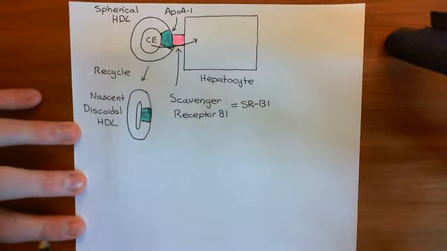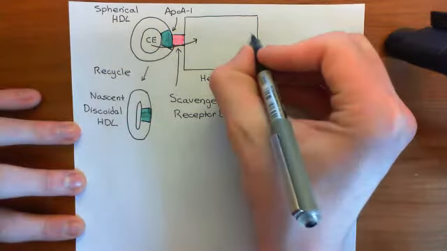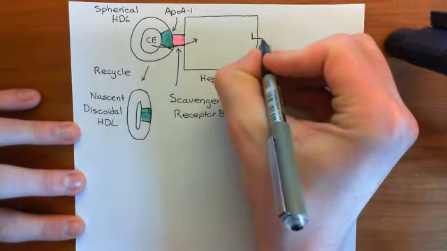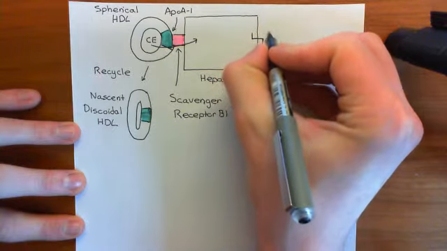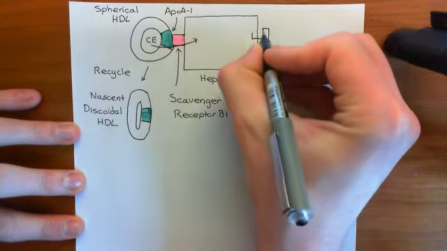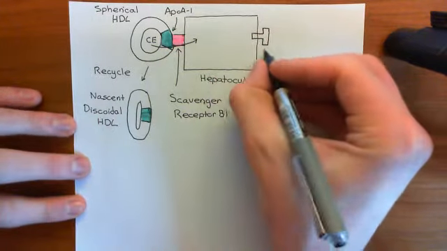Let's contrast this now to what happens in the case of LDL, because LDL is going to be completely endocytosed when it binds to its receptor. So, let's put the LDL receptor here on our hepatocyte. This can represent the LDL receptor.